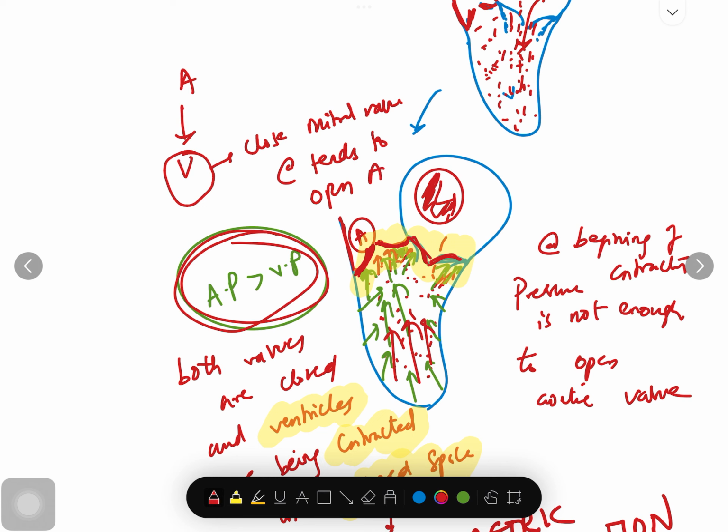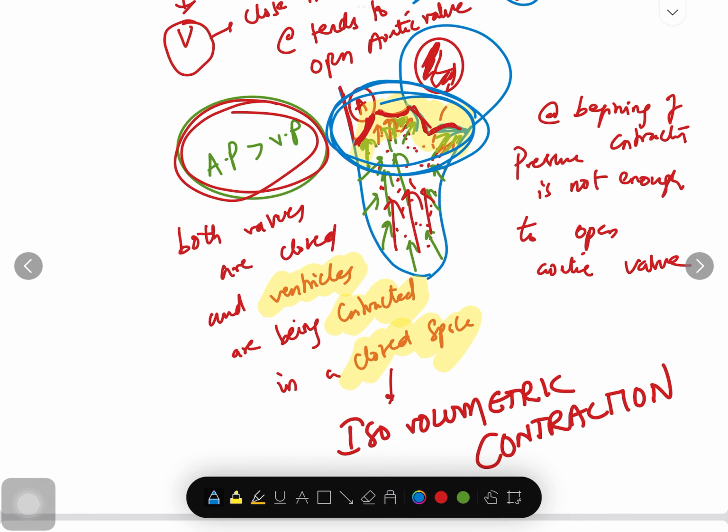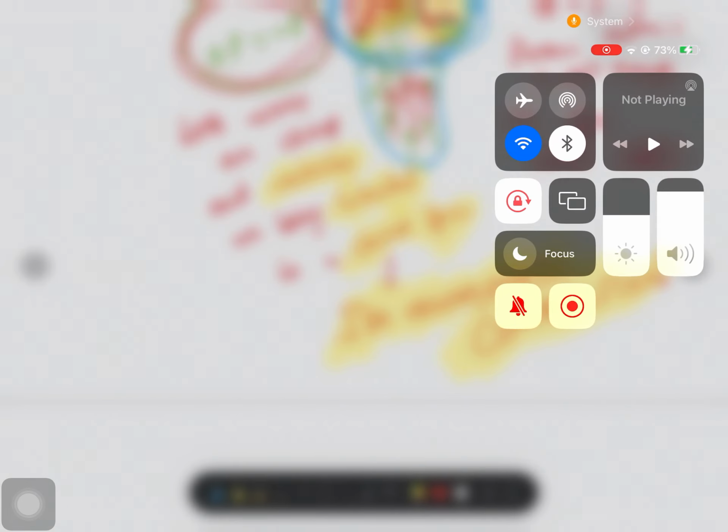So this leads to closure of mitral valve, and tends to open aortic valve. So at this time both valves are in closure, so as ventricles are being contracted in a closed space, this is known as isovolumetric contraction.